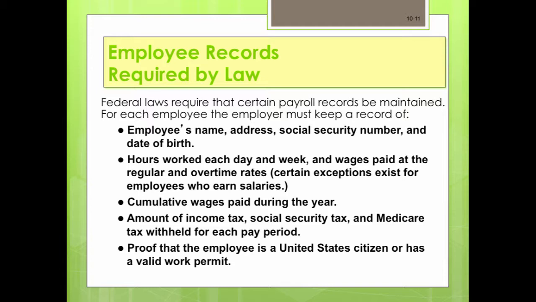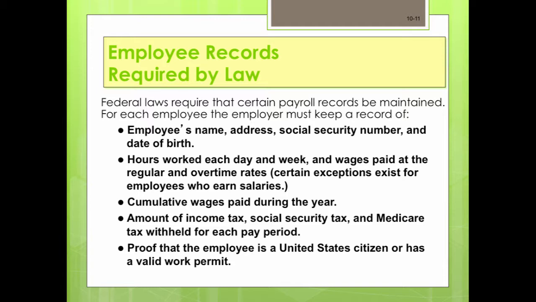Now, employers must keep a record of the employee's name, address, social security number, date of birth, hours worked each day, how many hours those totaled per week, maybe even month if you pay them monthly. You have to keep track of wages paid at the regular and overtime rates.